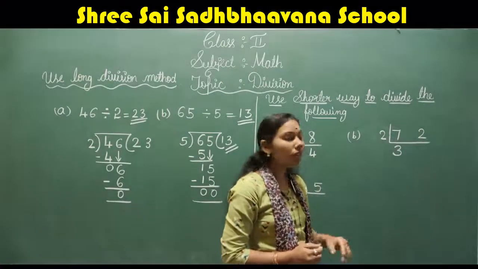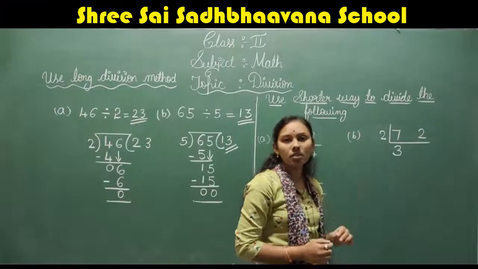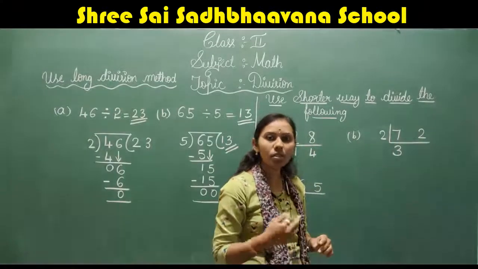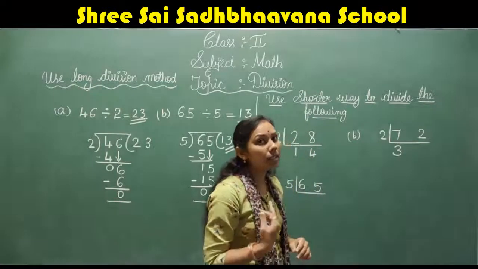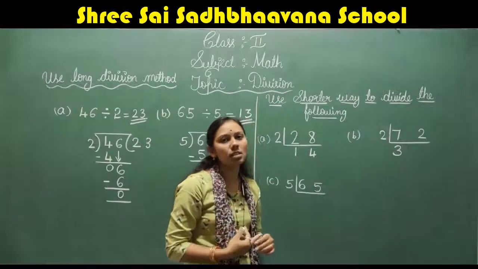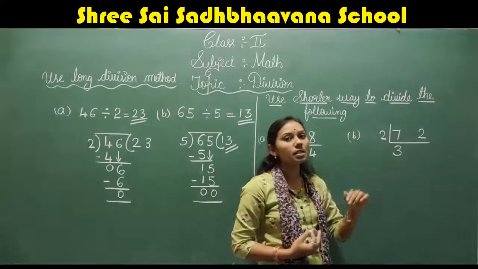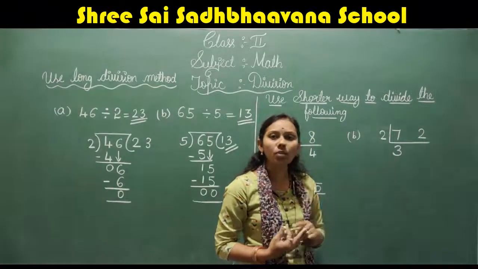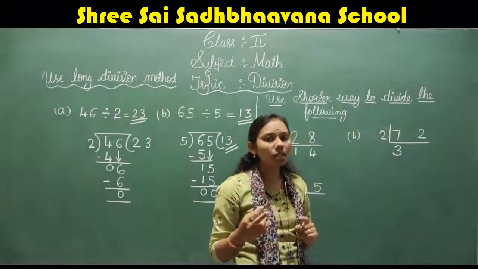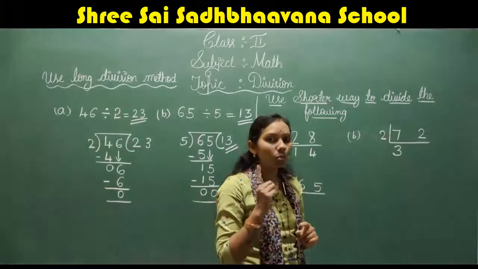What we have done? We have divided the 6. So what is left over? Mentally you are going to subtract this. Subtract the number 7 minus 6. What is left over? 7 minus 6? 1.